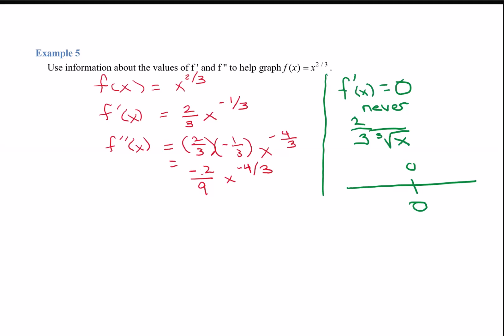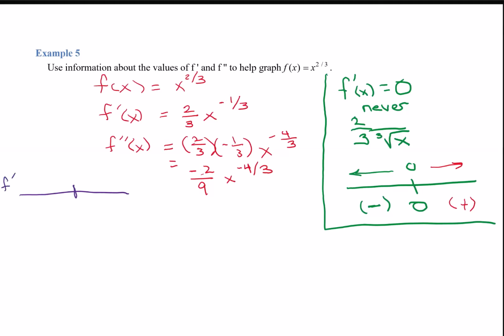Everything to the left is going to be negative, so our slope would be decreasing. And everything to the right would be positive, so everything would be increasing. I have f prime, and this is negative, and this is positive, and this is 0.